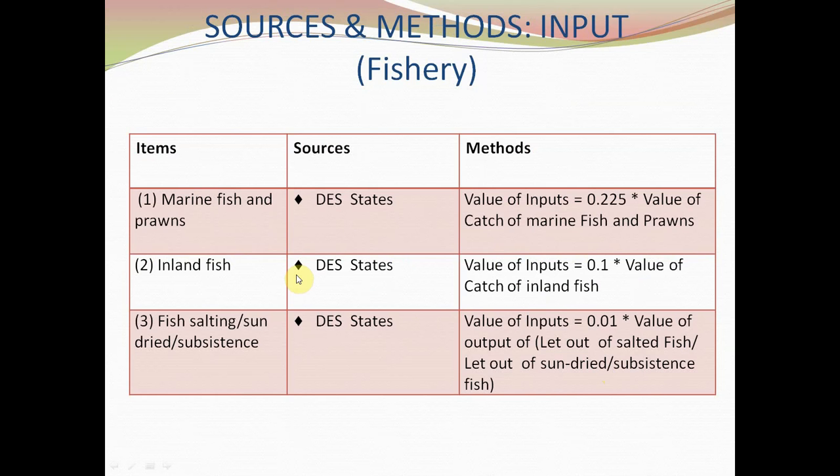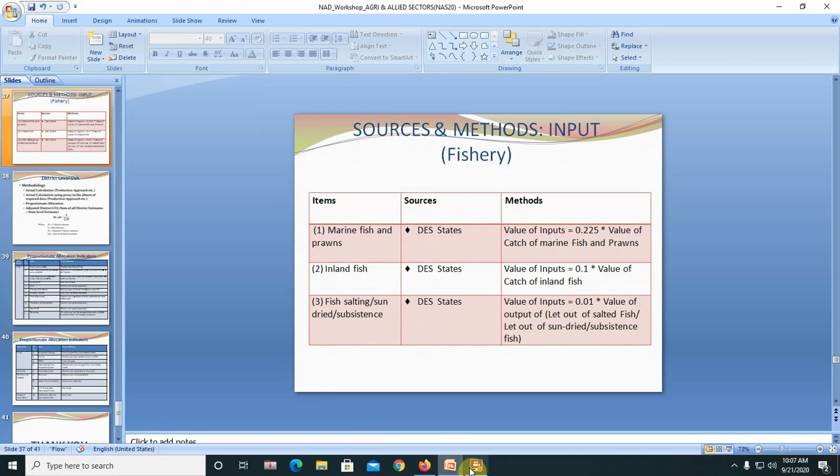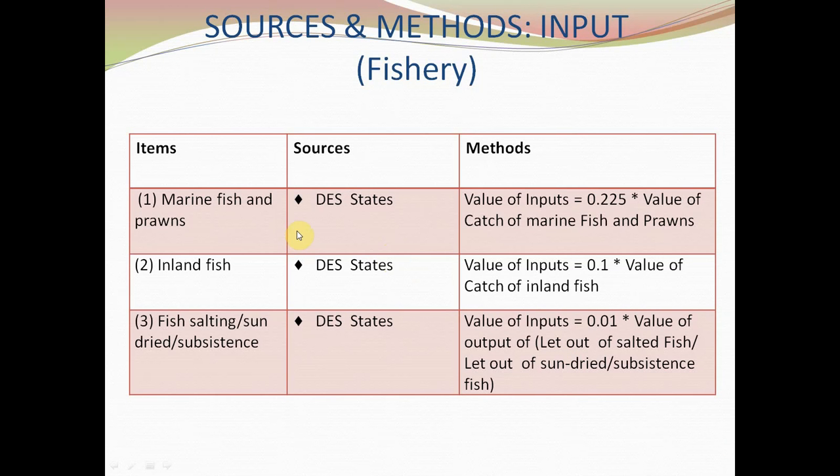Then inputs for marine fish and prawns, inland fish and fish salting and drying and subsistence fishing. For this, data is provided by DA states. For marine fish and prawns, the method of calculation of input is 22.5% of value of catch of marine fish and prawns.